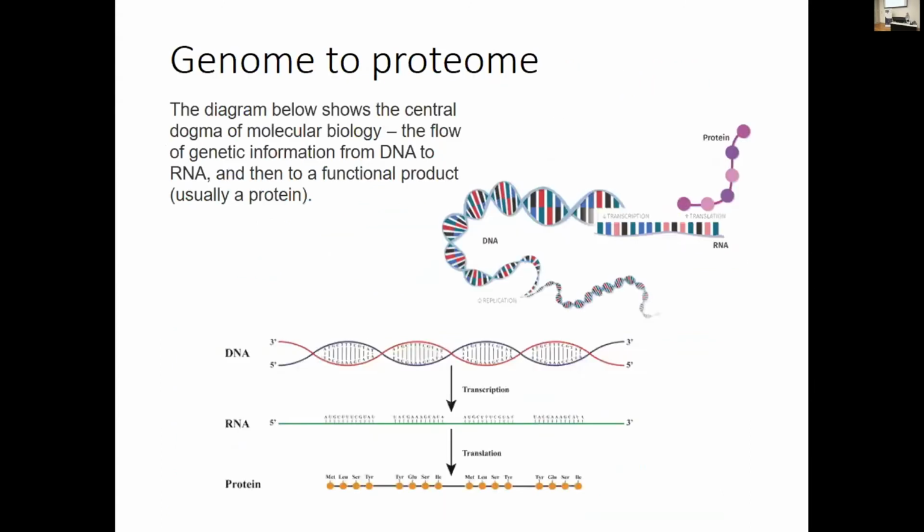But this is just the beginning of the story, and genomics is just one single part of the data. We need to move from genome to proteome and up to phenome. This figure shows the central dogma of molecular biology, the flow of genetic information from DNA to RNA and then to functional products, which is usually protein.